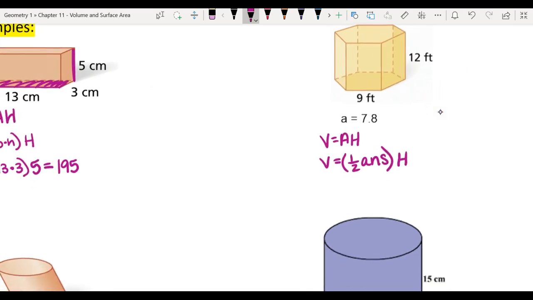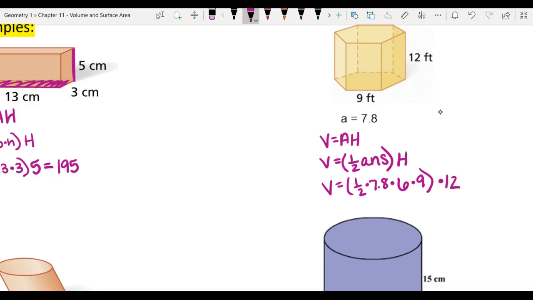So then volume equals 1/2 times 7.8 times 6 times 9, and then the height of this is 12. For this next test, you have to have those area formulas memorized again, except for a circle. Remember, a circle is going to be given to you.